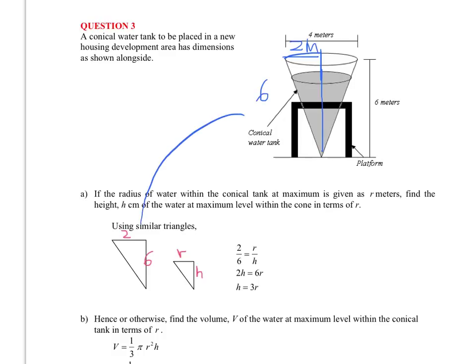Hence we have this right angle triangle of 2 and 6, and then we sketch the volume of water in a cross-section view to also be a right angle triangle, where we assume that the radius at the top of the water is r, and the height is an unknown height, h.